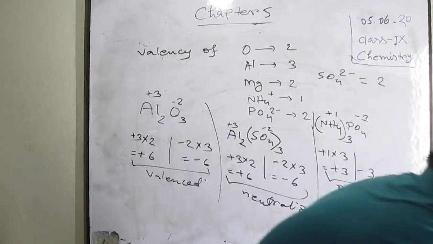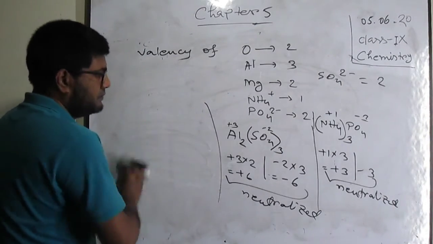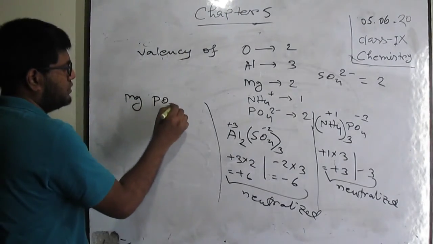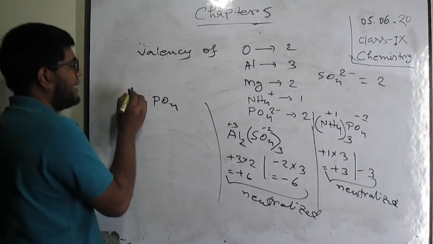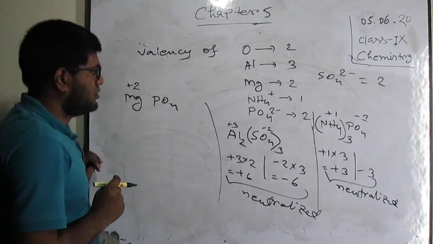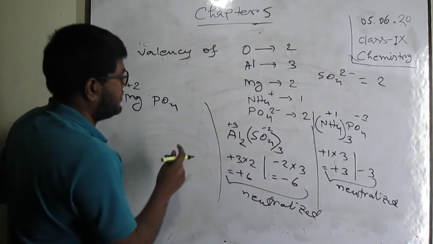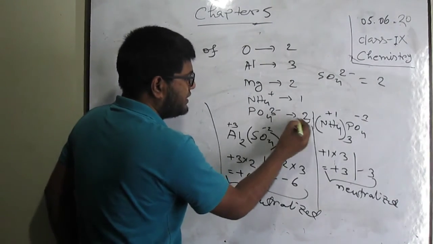I should erase the board. Magnesium phosphate. The valency of magnesium is 2. So you know magnesium is a metal, that's why magnesium donates 2 electrons. And phosphate is a negatively charged radical. Oh, sorry, the charge of phosphate is minus 3 and its valency is 3.